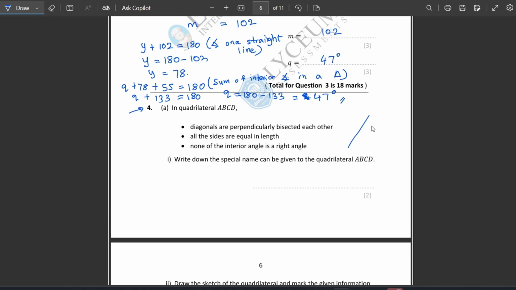So all the sides are equal and diagonals perpendicularly bisect each other. So what is this shape? This is a rhombus.